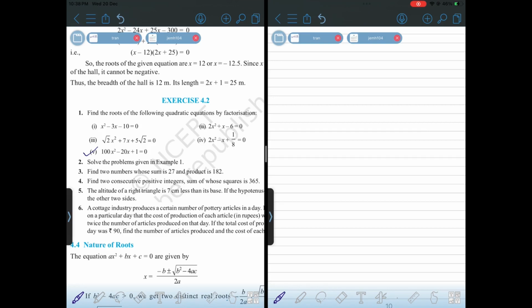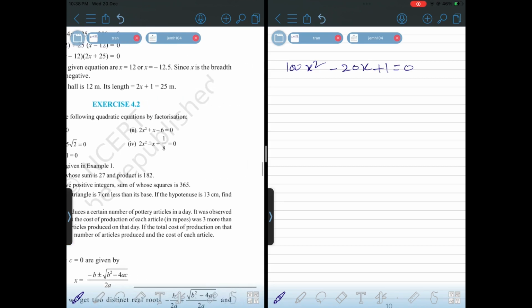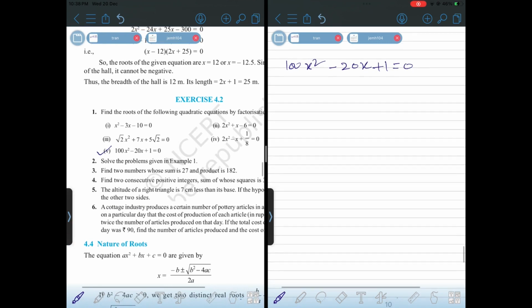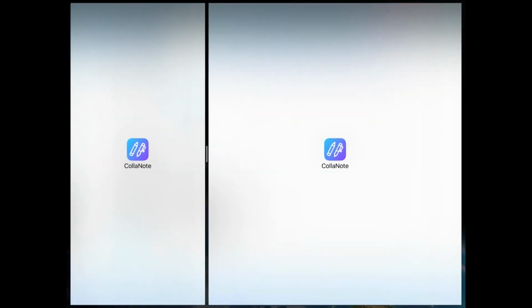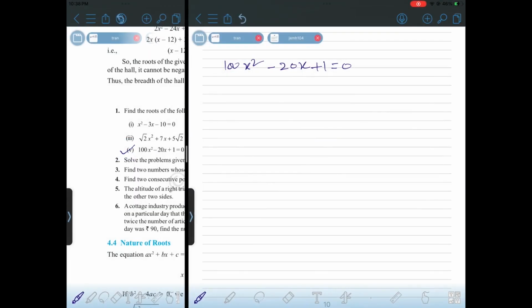The next question is the fifth one: 100x² - 20x + 1 = 0. Same way, we will try to do it. First we multiply 100 into 1, so you get 100.